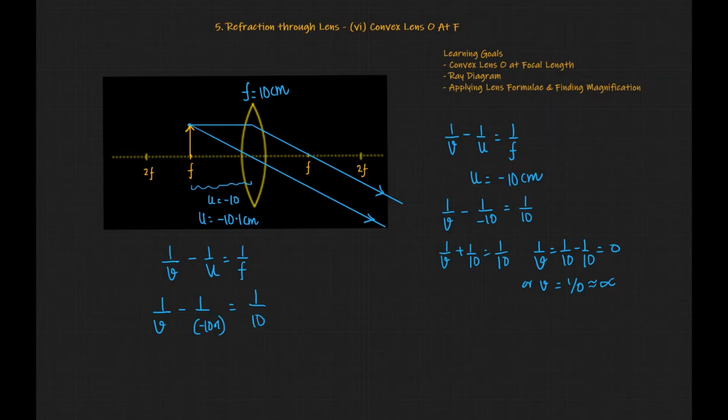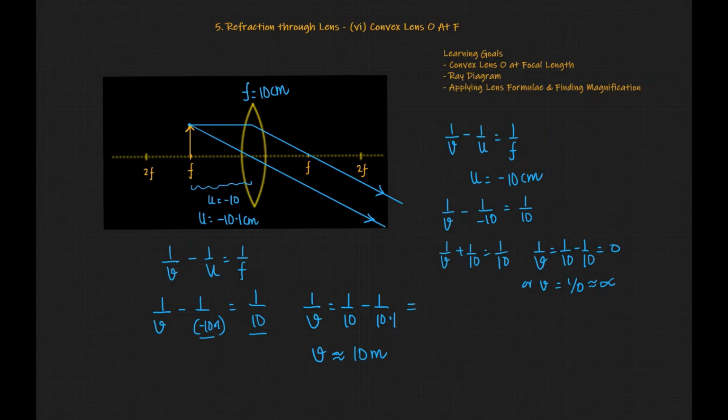Here again you can see that these two are very close, but still not exactly the same. You will have 1/v as 1/10 minus 1/10.1, and you will get v as 1000 centimeters when you calculate this.